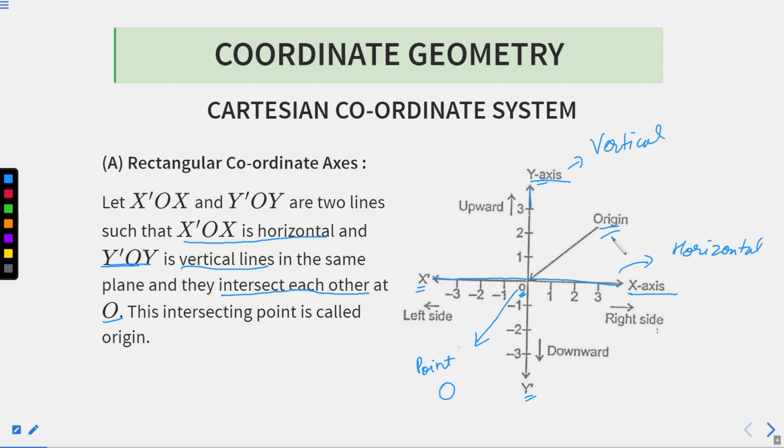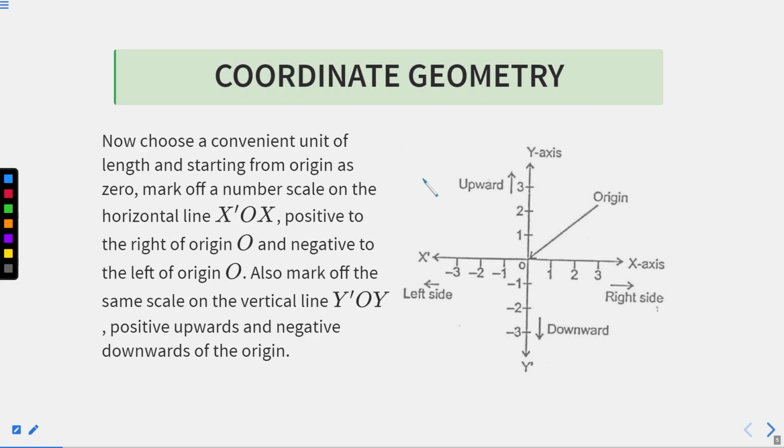Sometimes it is called the origin. Now let's understand more. Now you are clear with what is the y-axis, what is the x-axis, and what is the origin. The origin is the point where the y-axis and x-axis, or the horizontal and the vertical lines, intersect each other.